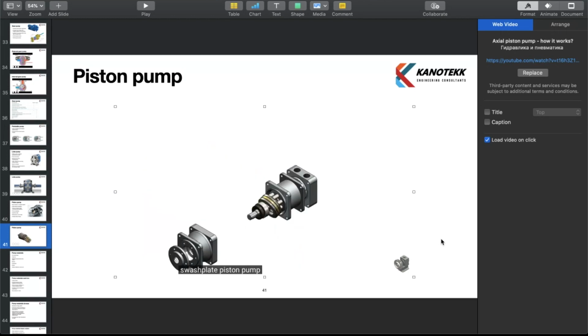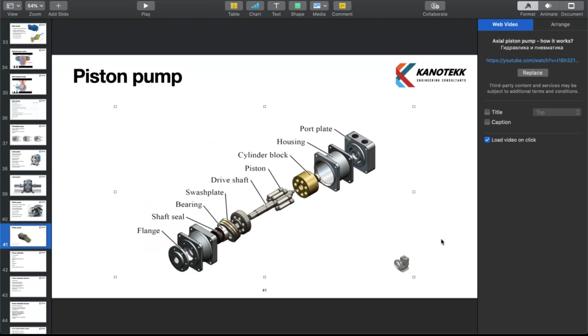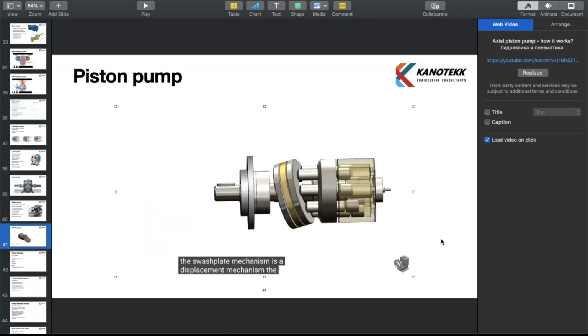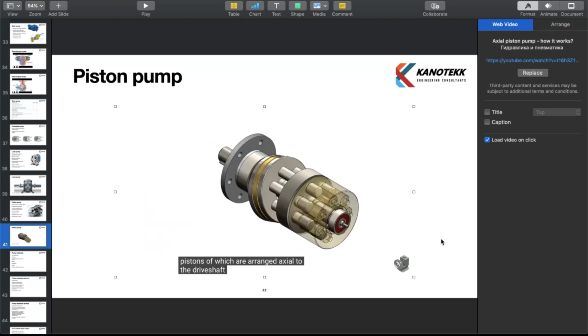Swashplate piston pump design. Most swashplate piston pumps consist of a few basic components: flange, shaft seal, bearing, swashplate, drive shaft, piston, cylinder block, housing, port plate. The swashplate mechanism is a displacement mechanism, the displacement pistons of which are arranged axial to the drive shaft.